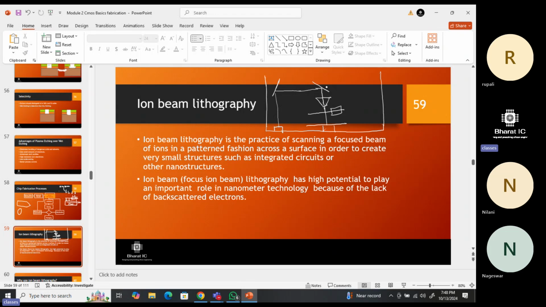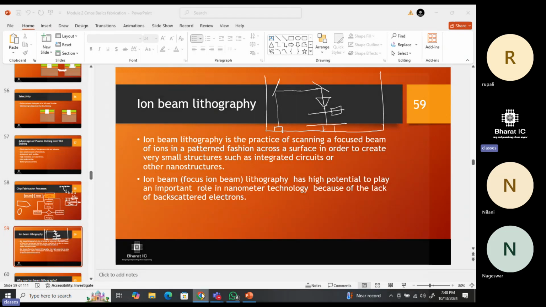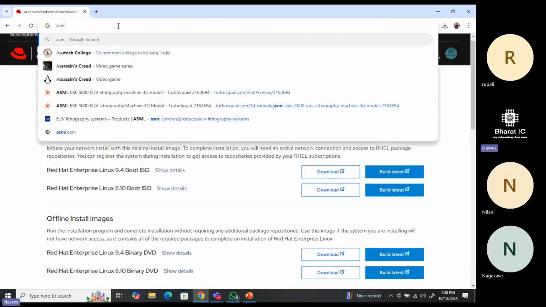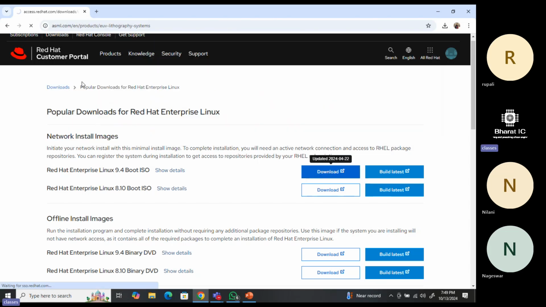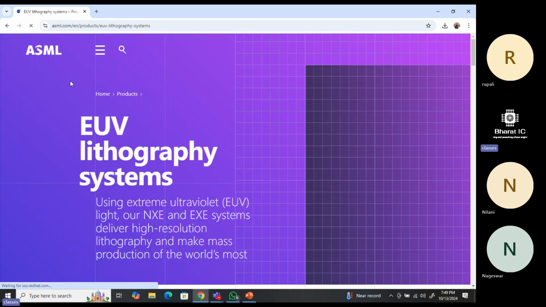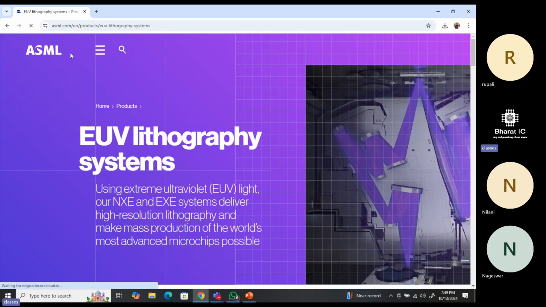So if you go and see the ASML, let me show you how a lithography machine looks. Let me write here ASML EUV lithography system. ASML is the biggest manufacturer of these lithography machines.